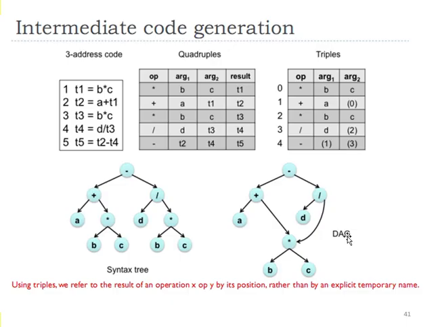As you can see here, this directed acyclic graph is generated by reducing or eliminating this wing. For example, from the syntax tree, the product of B and C is already calculated on another wing of the tree.